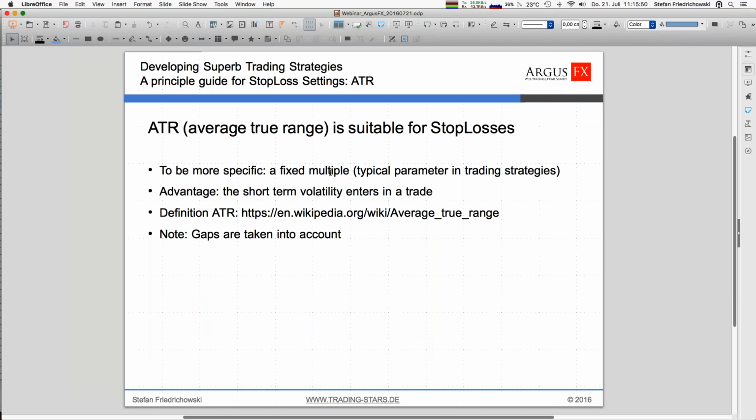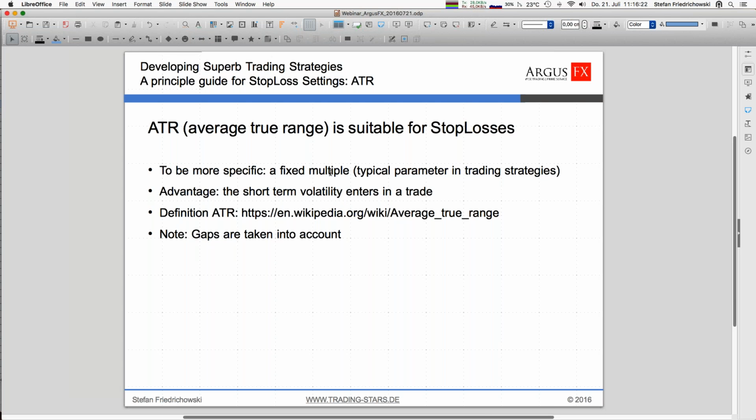A multiplier of an ATR value would mean if we have a typical ATR of, for example, 0.2%, and I have a fixed multiplier of 3, I would apply a stop loss of 0.6% for my trading. And that kind of parameter, that multiplier to the ATR, is then a typical parameter entering in all my trading strategies.